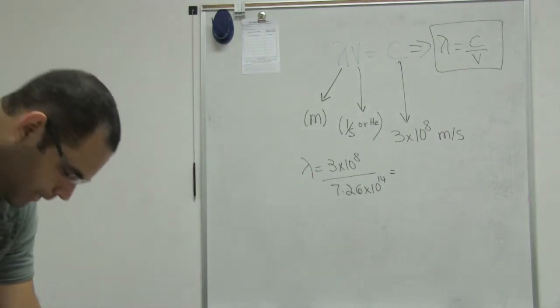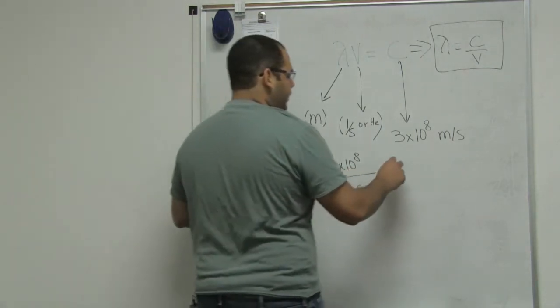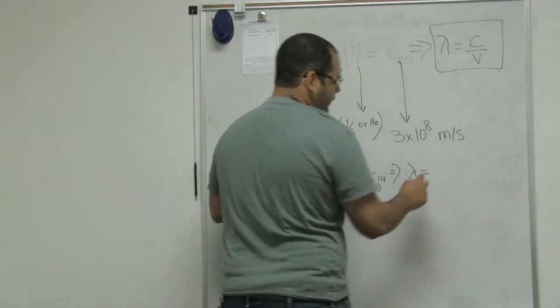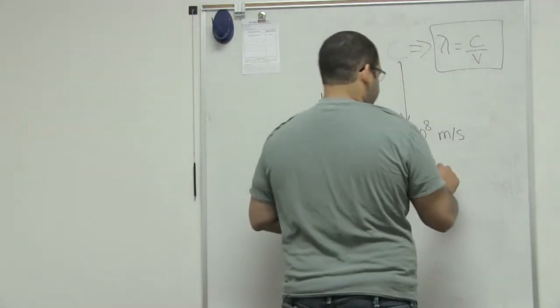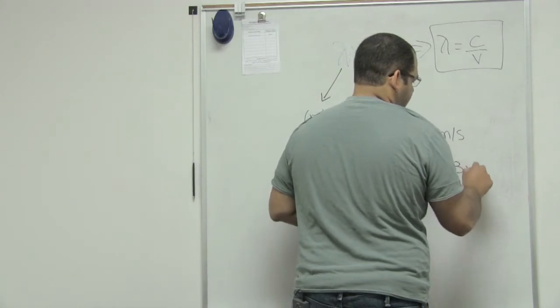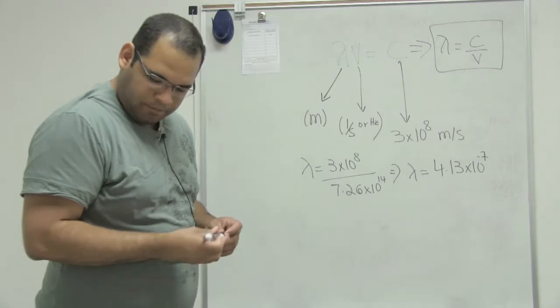So if we do this math, we will find that my wavelength is equal to 4.13 times 10 to the minus 7 meters.